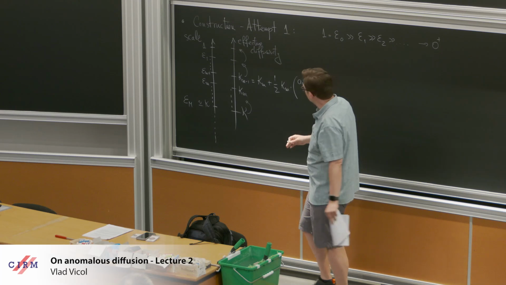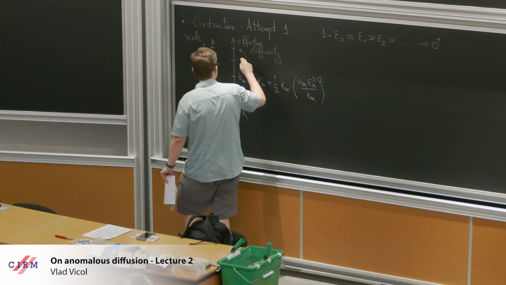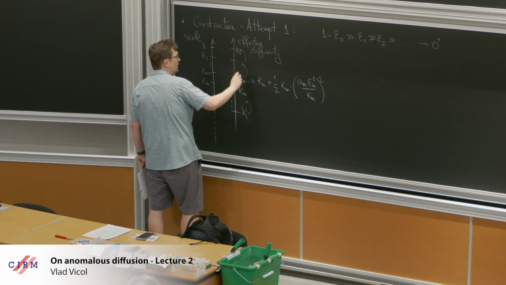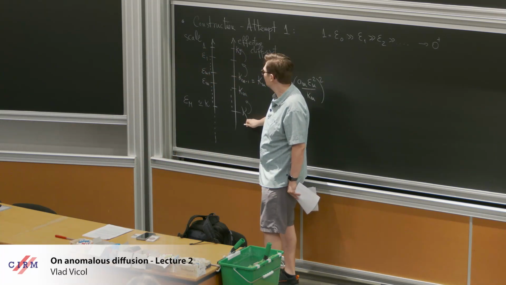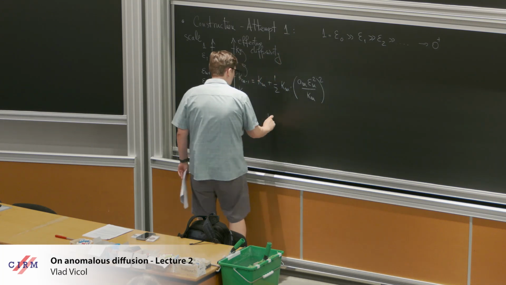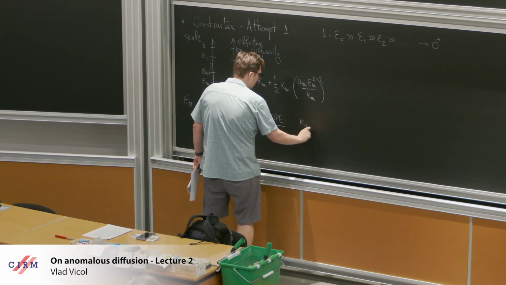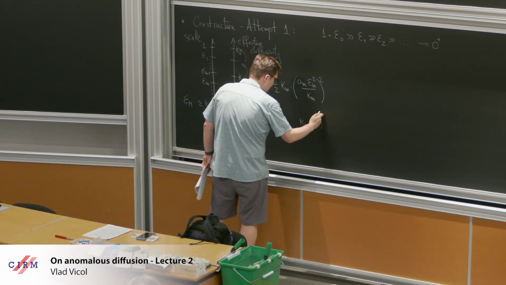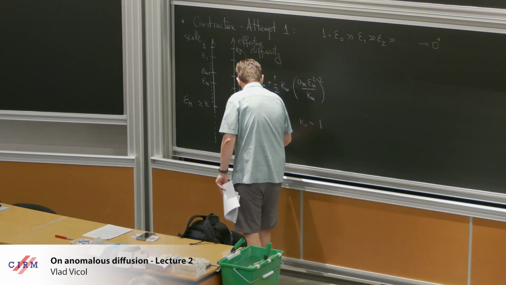And you hope that by the time you reach the size of the box, so this is kappa 0, sorry, no matter where you started, kappa 0 is of order 1. That's the hope. So the hope is that kappa 0 is of size 1 independently of what little kappa was.